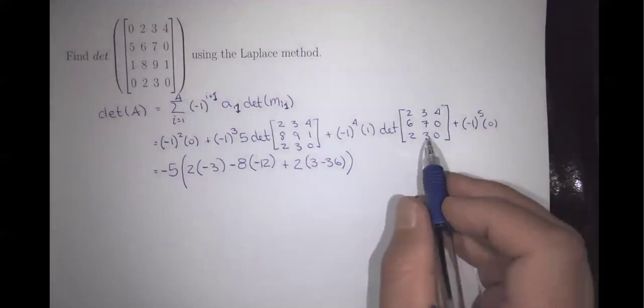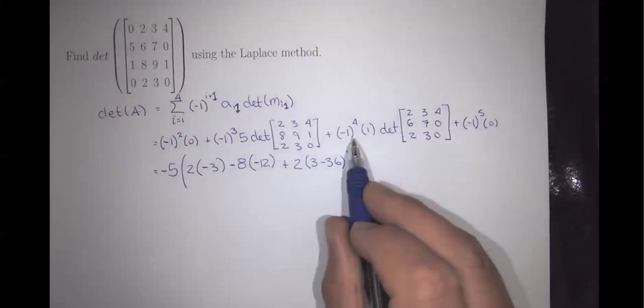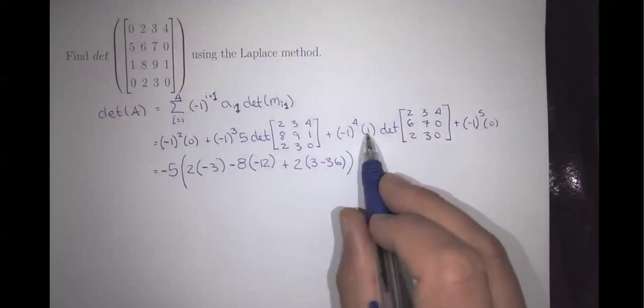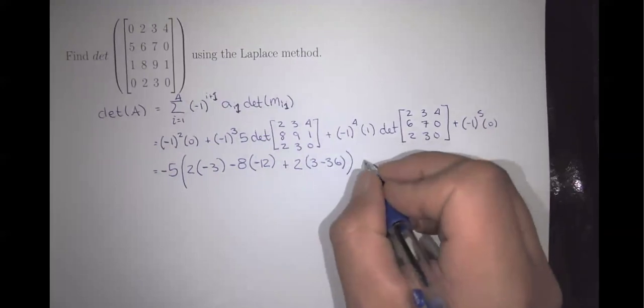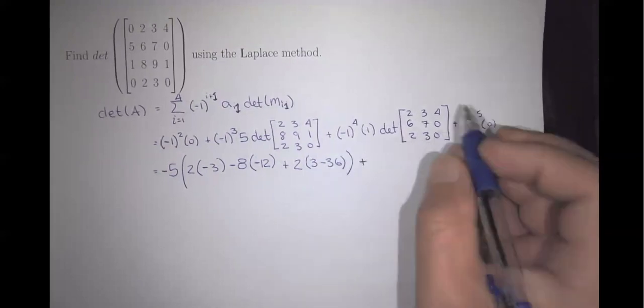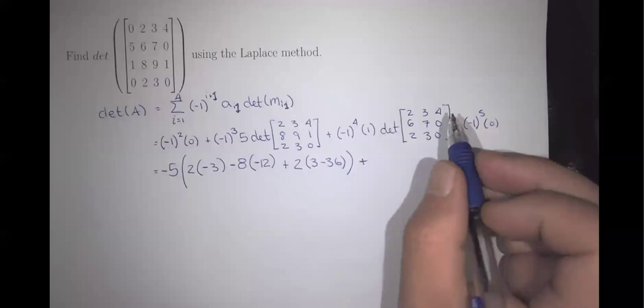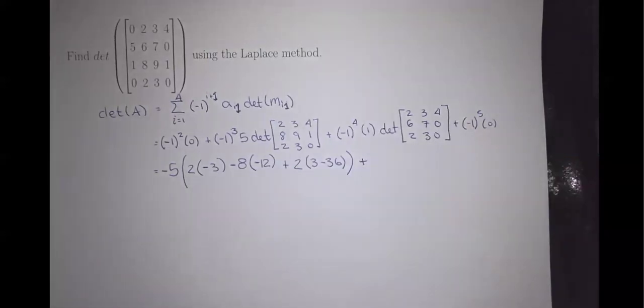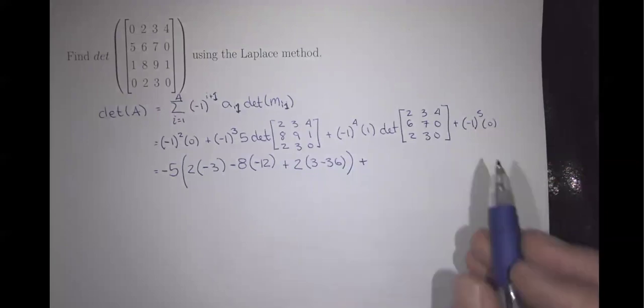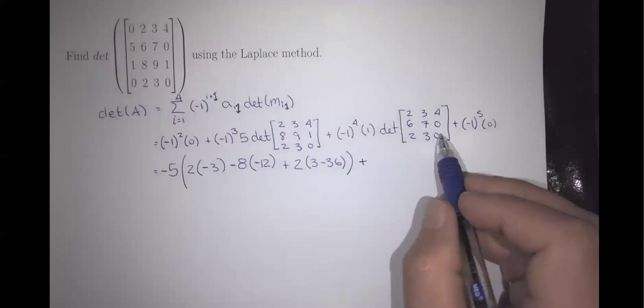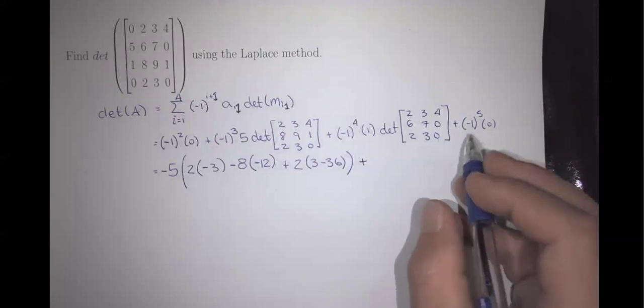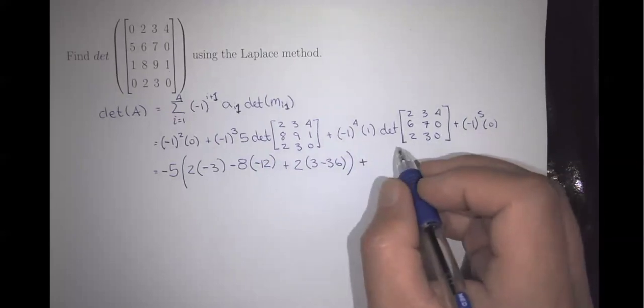Now I get -1 to the 4 is 1 times 1. So plus this determinant here. Now, it kind of makes sense to expand on column 3.